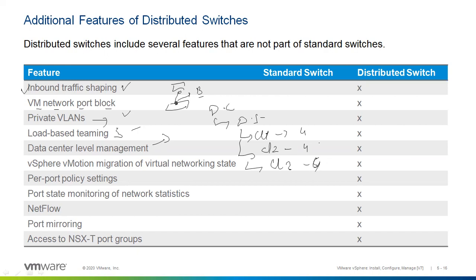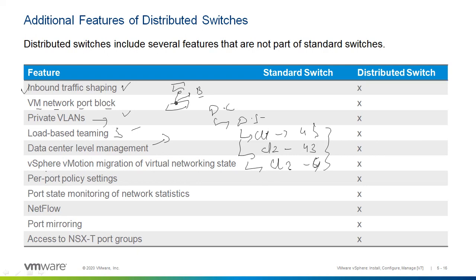So we can share the distributed switch across clusters in a single data center, while standard virtual switches are at the individual host level. If we have a host in cluster 1 and a host in cluster 2, the standard virtual switch cannot be shared, even within a cluster.